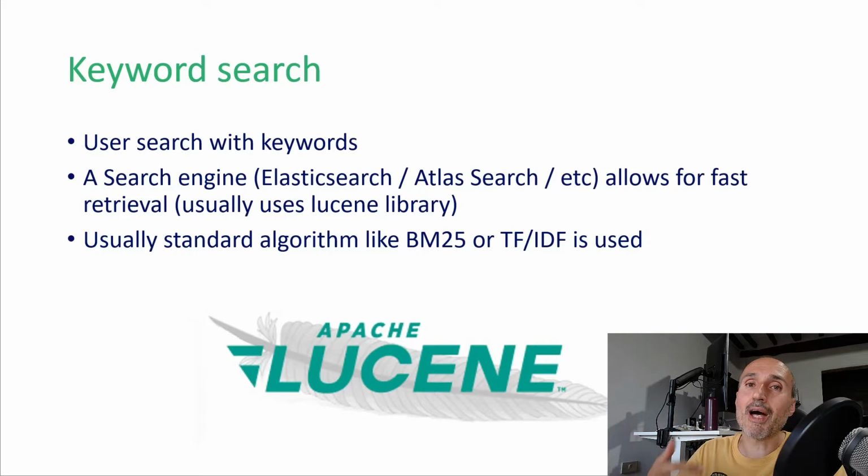BM25, TF-IDF, and other algorithms are meant to give a pertinent score, a score that can put the most relevant document first. That is the reason why the book I suggested is called Relevant Search.